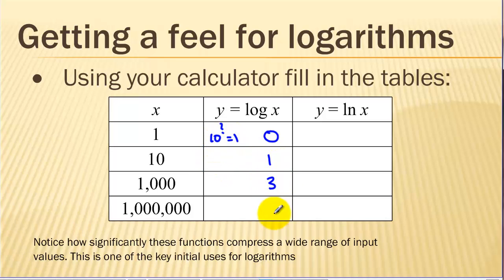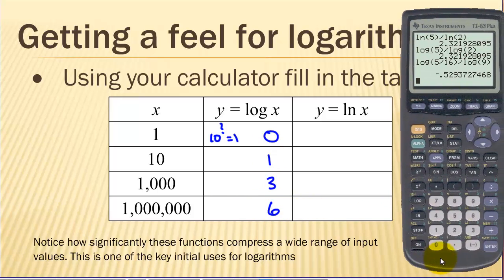This is going to be 3, and this is going to be 6. So you can see by taking the logarithm of this range of numbers that went from 1 to 1,000,000, we got a range of numbers from 0 to 6. So if we were trying to draw a graph of x values or y values in this range, and we graphed instead the logarithms of those numbers, we would have a much smaller range of numbers.